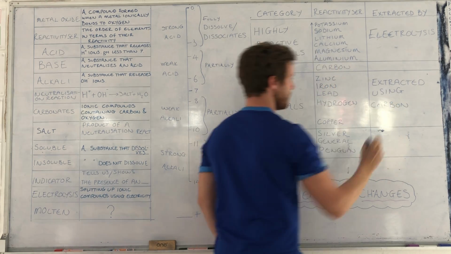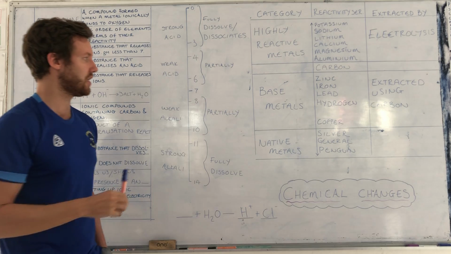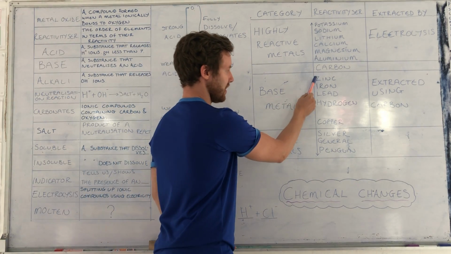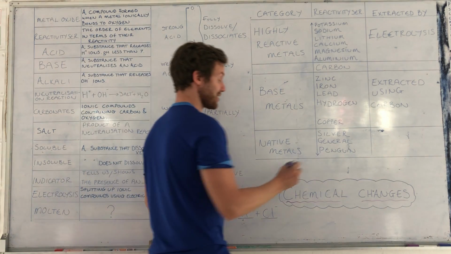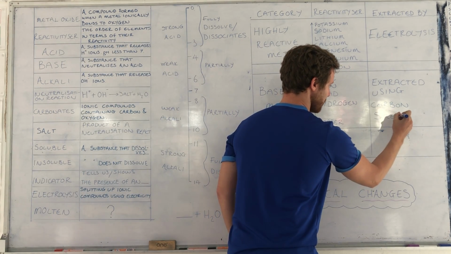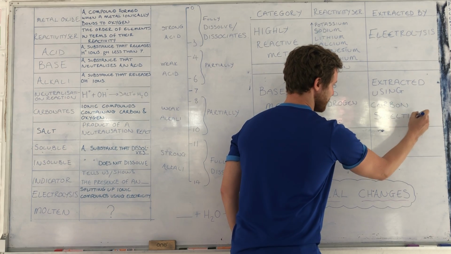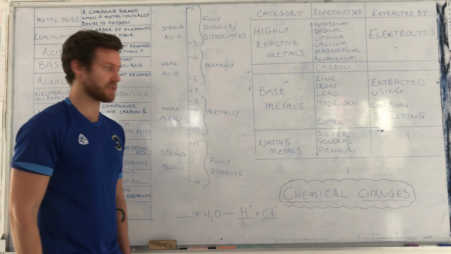And what we're doing, we're heating them with carbon, we're causing a reaction to extract these metals here. This process, quite a strange word, we're heating it with carbon within a process of smelting. A bit like melting with an S on, smelting.